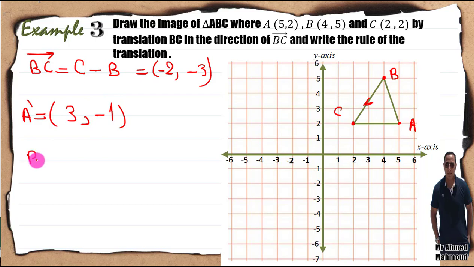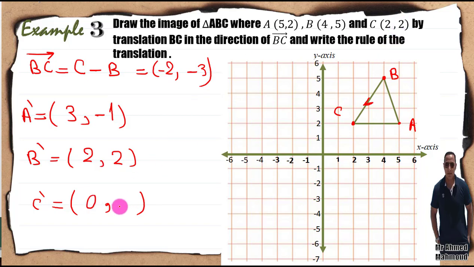B dash equals 4 and 5 plus negative 2 and negative 3. 4 plus negative 2 equals 2, and 5 plus negative 3 equals 2. So B dash equals 2 and 2. Finally, C dash equals 2 and 2 plus negative 2 and negative 3. 2 plus negative 2 is 0.